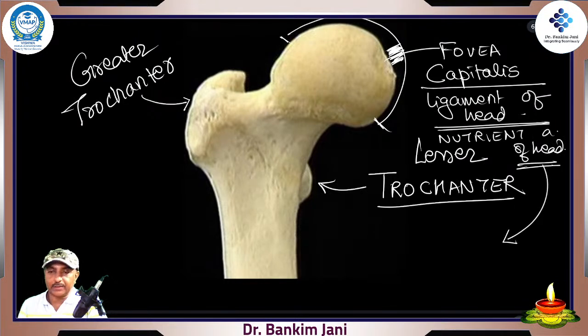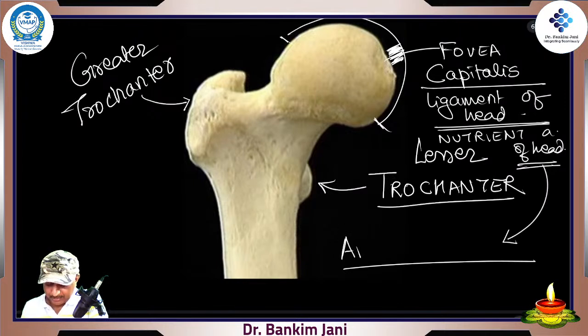If this nutrient artery of the head is broken or damaged, maybe because of some dislocation or any other injury, it will lead to one condition, in which the head of the femur is destroyed because of damage to the nutrient artery. Erosion of bone, okay. But do you know the exact condition? We have discussed that in the past. That's right. It is avascular necrosis.